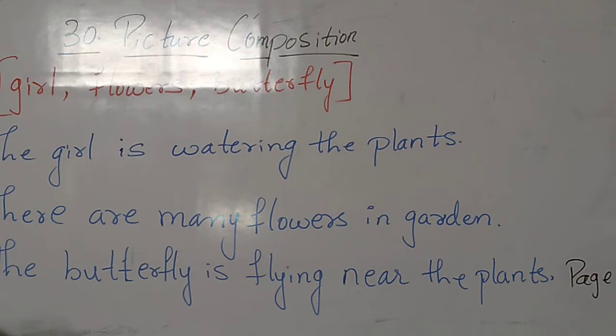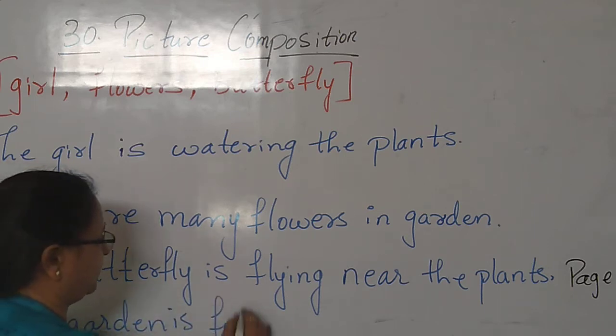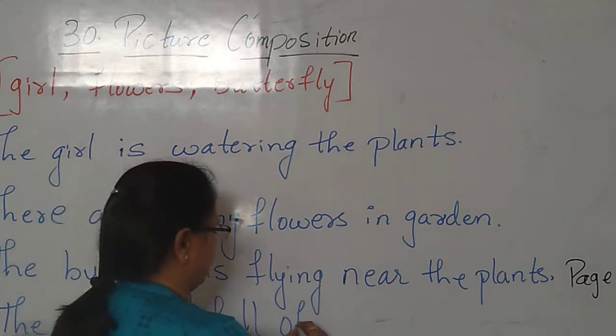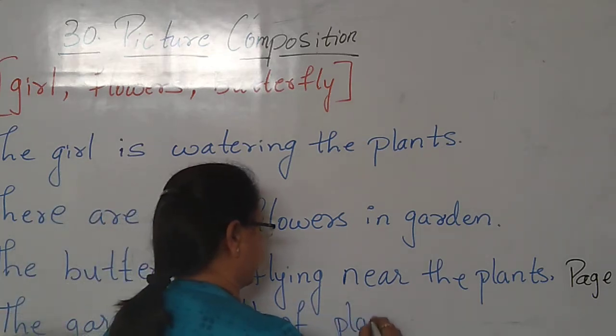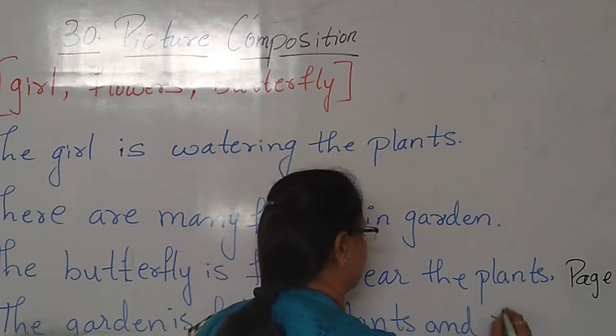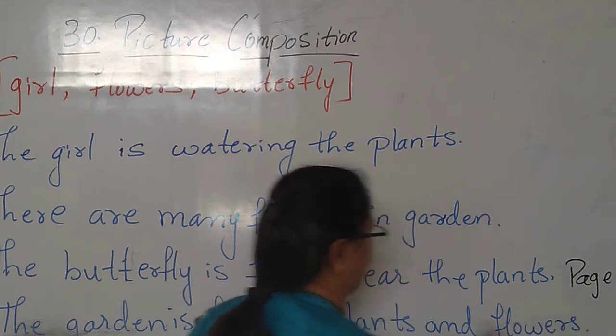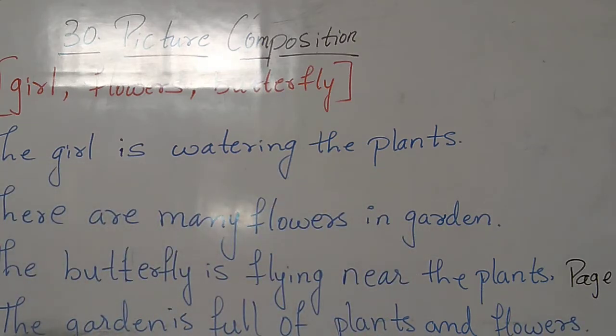The garden is, fourth one, sorry. The garden is full of plants and flowers. Plants and flowers. One sentence I have given extra, children. Yes? Only one sentence.